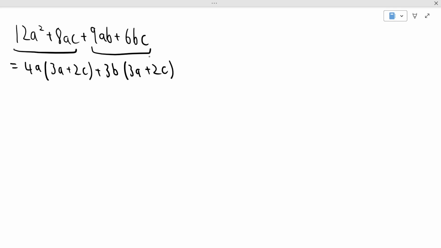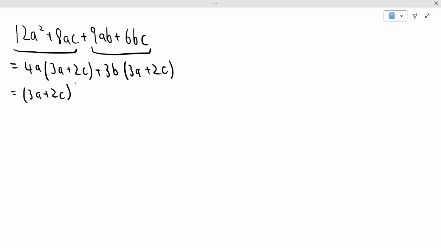So if we look at our partially factored expression, we can see that the first term, 4a times parentheses 3a plus 2c, and the second term, 3b times parentheses 3a plus 2c, both have a 3a plus 2c in common. So if we treat 3a plus 2c as a single term, the greatest common factor between the two terms is 3a plus 2c, which we'll take out from both terms.